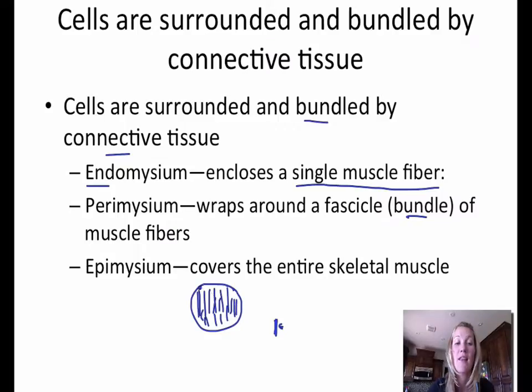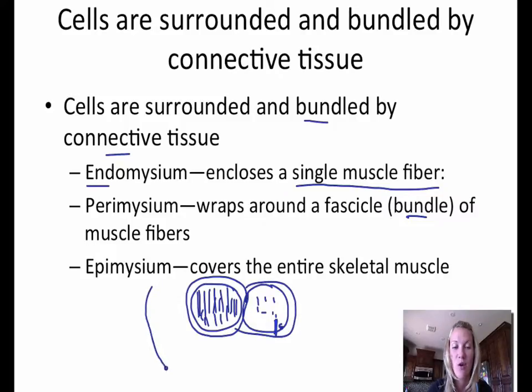The perimysium is what would surround the bundle, or the fascicle. And then the epimysium covers the entire skeletal muscle. So you have a whole bunch of these that are surrounded, and then eventually the whole thing is surrounded by the epimysium.